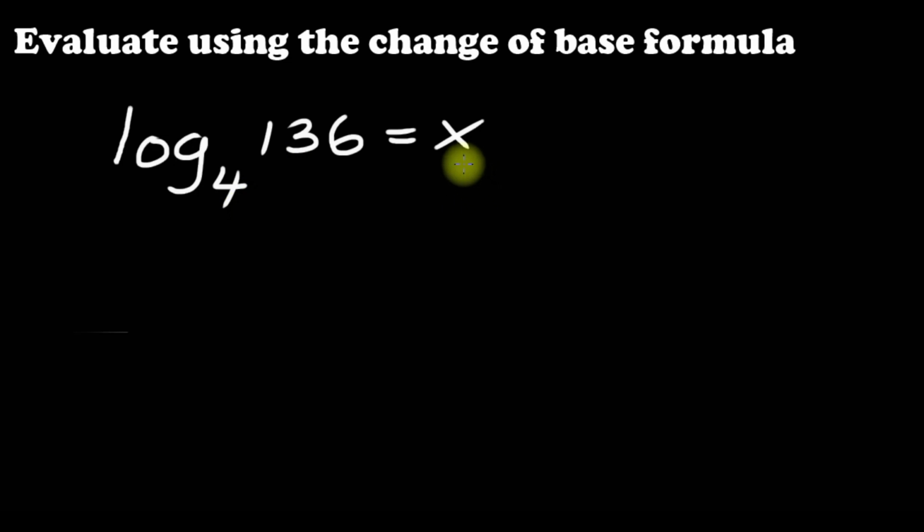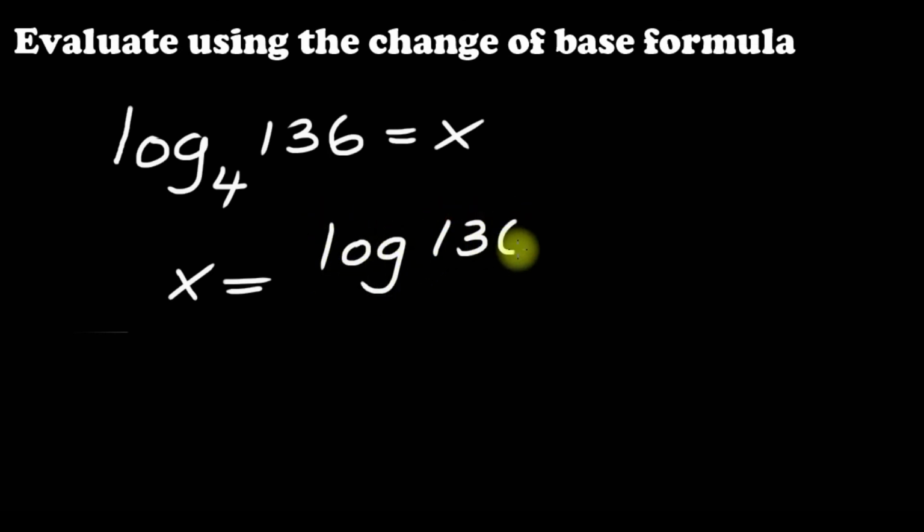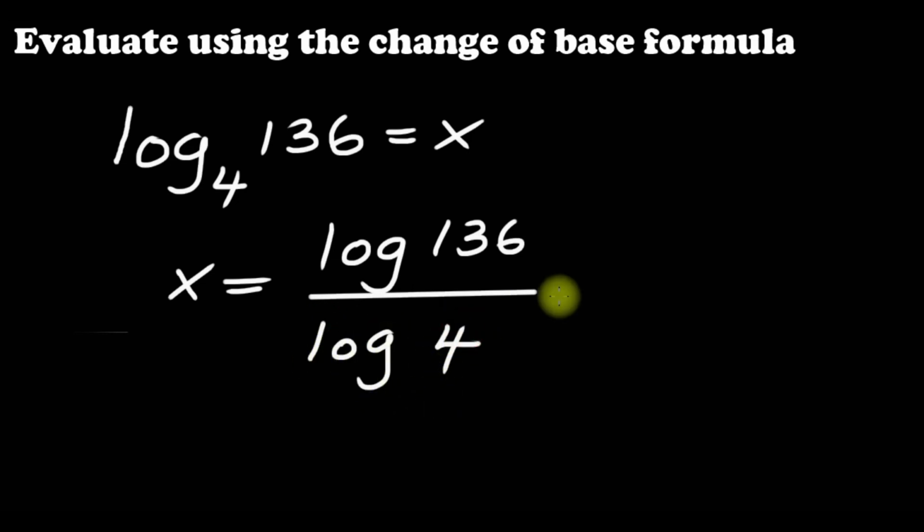So 4 to what power will give you 136? So we're going to use the change of base formula here. So x is going to be log base 10 of 136. Okay, no base is base 10. And then all over log base 10 of 4. Okay, and then we're going to punch it into the calculator to get the approximation.